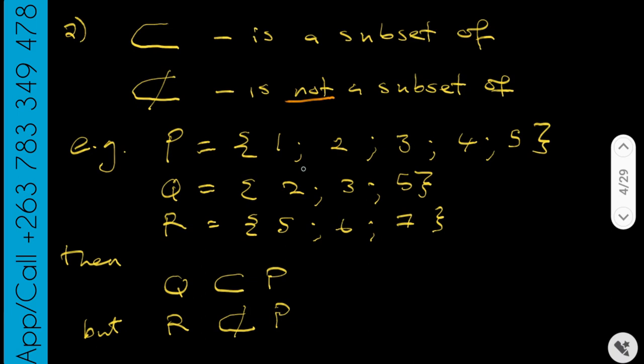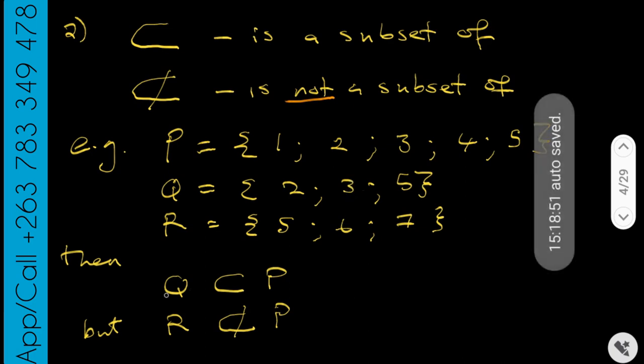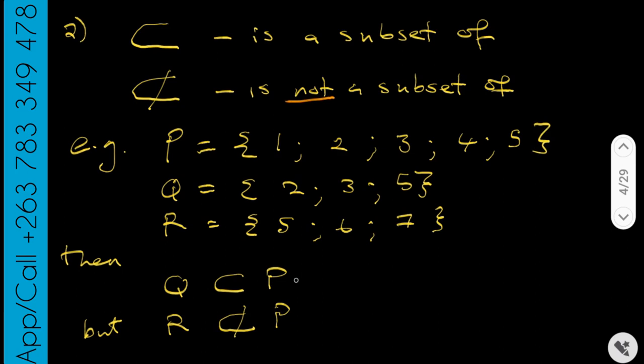If you have the set P representing numbers 1, 2, 3, 4, 5, and set Q having 2, 3, 4, 5, and R having 5, 6, 7, what do we realize? For Q, the elements 2, 3, 4, 5 are all found in the set P, meaning set Q is a smaller set that is actually found within set P, because everything in Q is inside P. So I can write Q is a subset of P. And then if I look at the set R, I'll have 5, 6, 7.